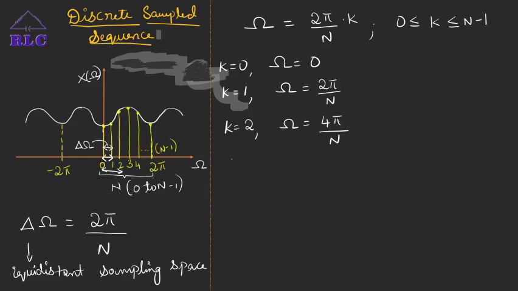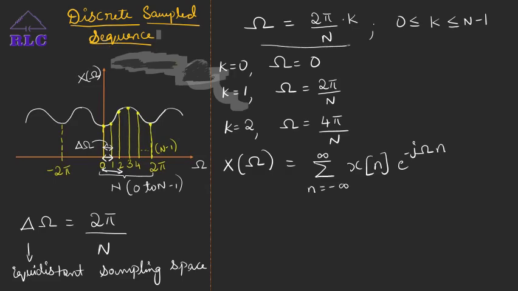We have the Fourier transform of a discrete time signal given by X of omega is equal to summation n from negative infinity to positive infinity x of n into e power minus j omega n, where the omega value is given by 2 pi by N into k. So substitute the value here.